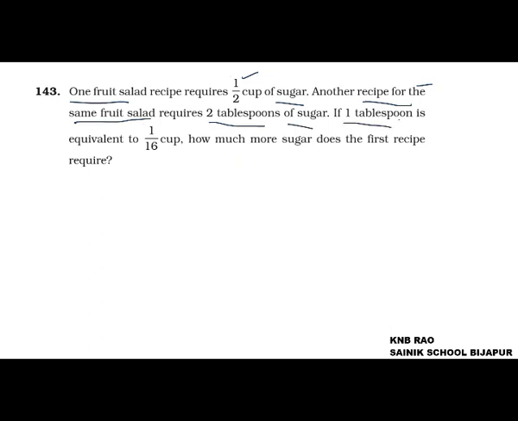Now, if 1 tablespoon is equivalent to 1/16th cup, how much more sugar does the first recipe have? You can compare: half a cup is always more than 2 tablespoons. So here it's asking how much more sugar is there in the first recipe. That means they're asking us to find the difference.